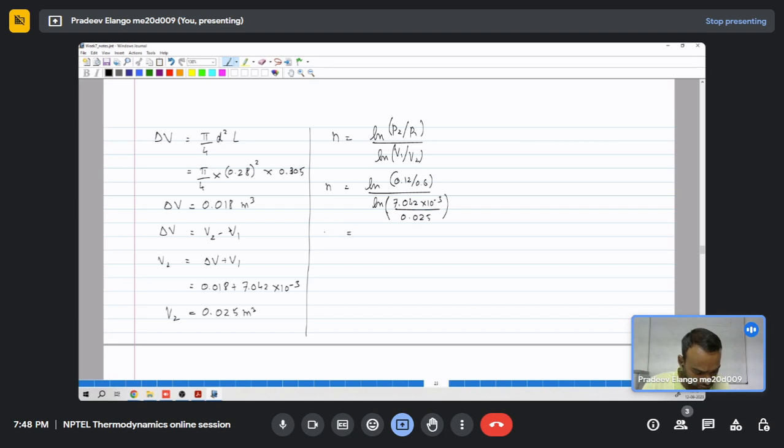Can you calculate the value of n? It's coming as 1.27.